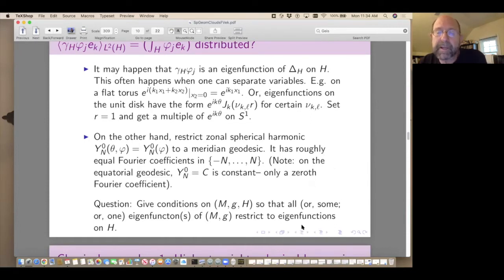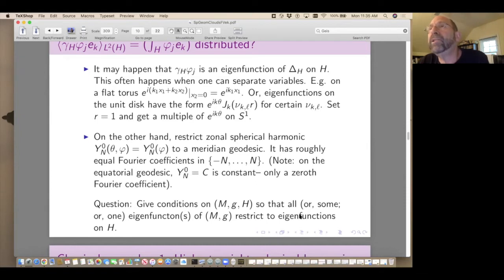So here's a question for spectral geometers. In all these examples, when we take a zonal spherical harmonic, a YLN, or an eigenfunction of a disk and restrict it to a circle, a latitude circle, or an equator, they become eigenfunctions of the submanifold.